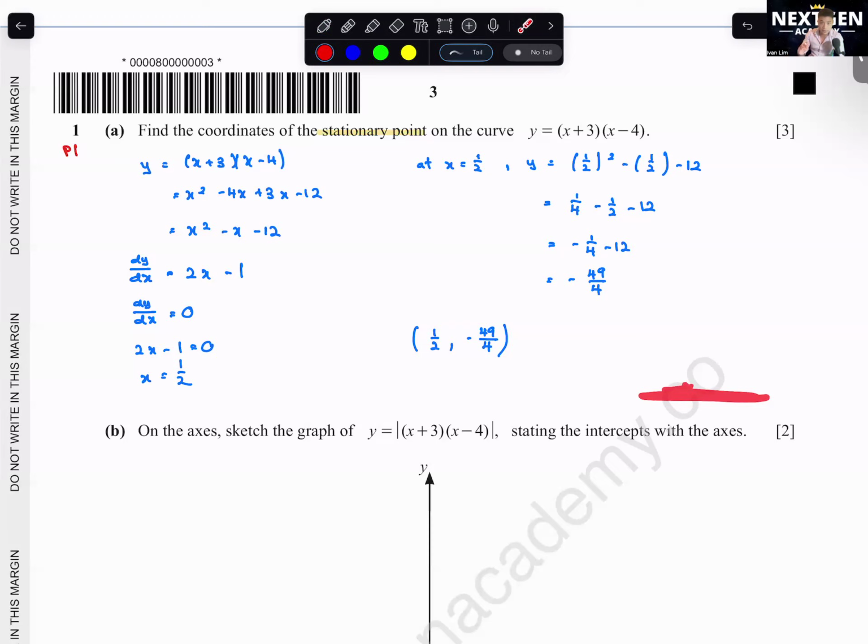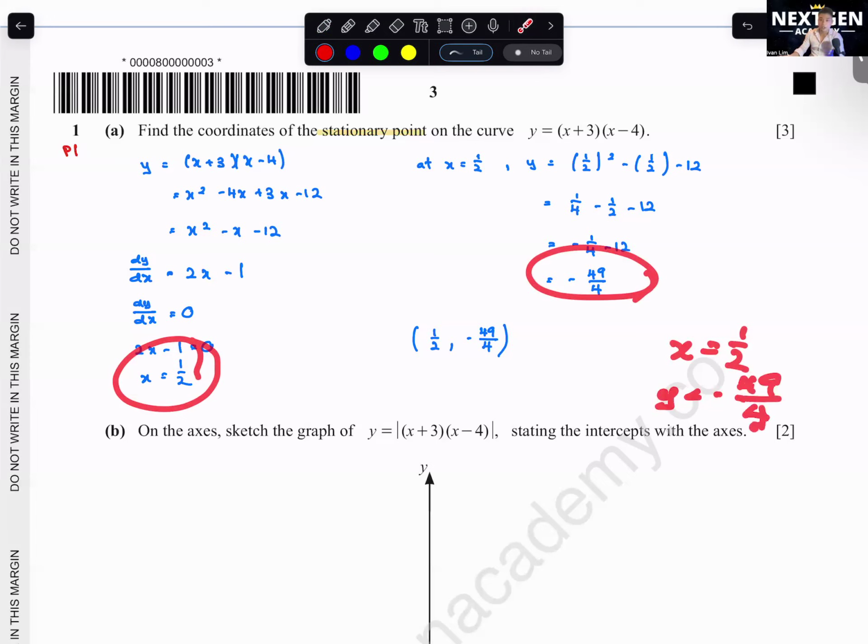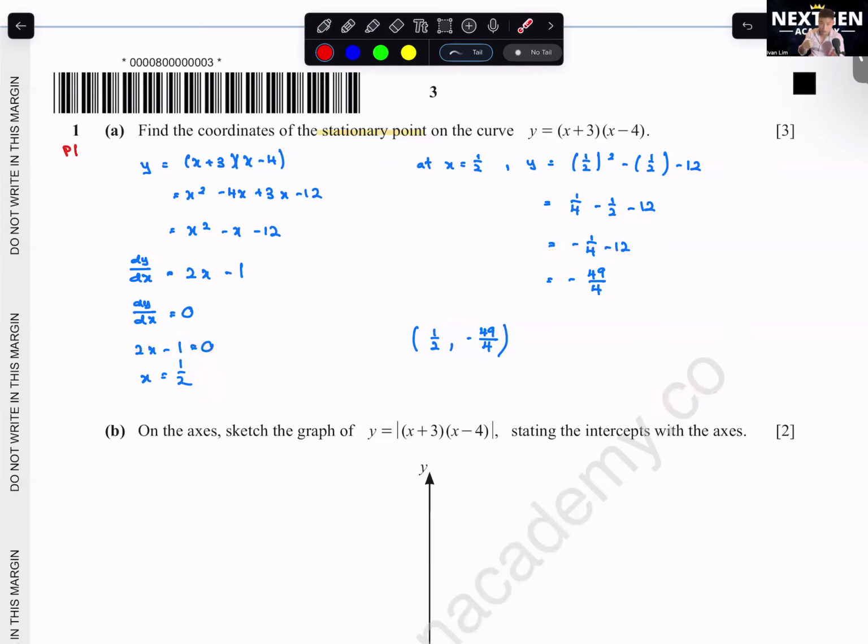If you do until here and one of the answers is here, one is here, just rewrite the final answer again, just to make sure the marker sees your answer. That's just a small tip, because sometimes, even for myself, when I mark students' papers, I cannot find your answers, either because you write too messy, or sometimes maybe I'm tired already. Very hard for me to find the answer.